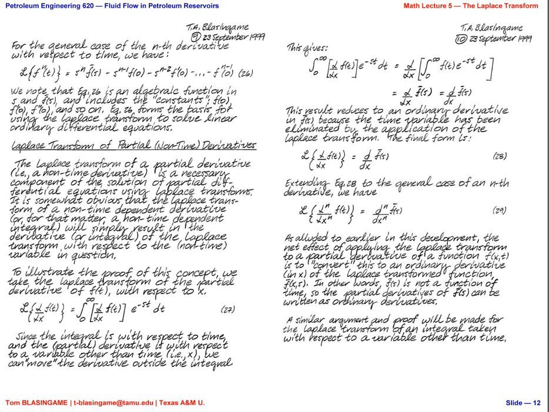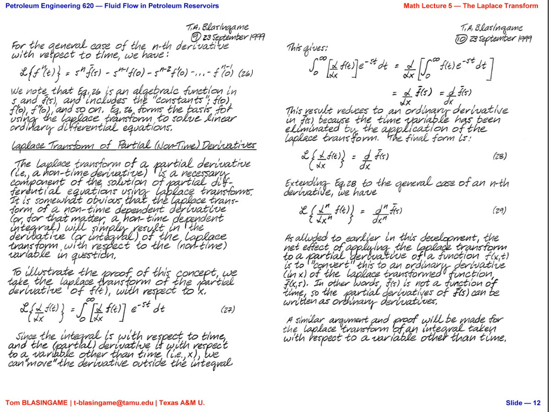And what happens when you want to apply it to a derivative in terms of x? So you substitute this in the definition, and since this integral is in terms of dt, you can take the differentiation, or the differential, out of the integral, and you end up with this.